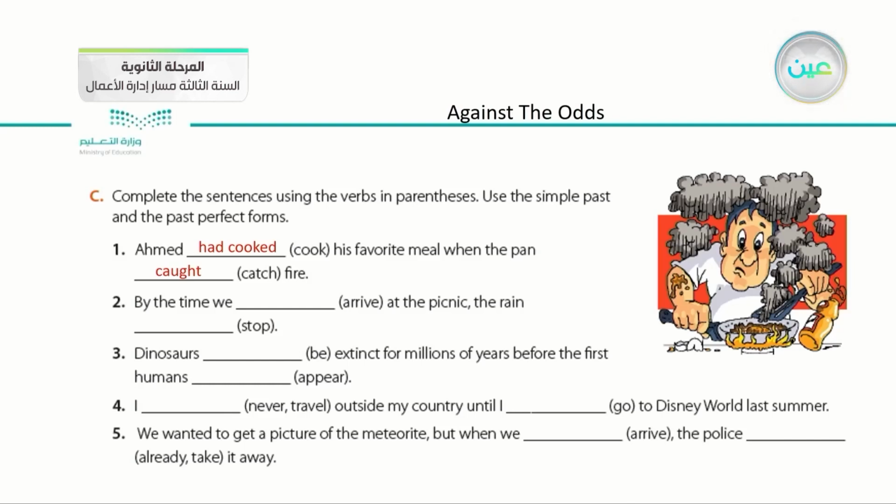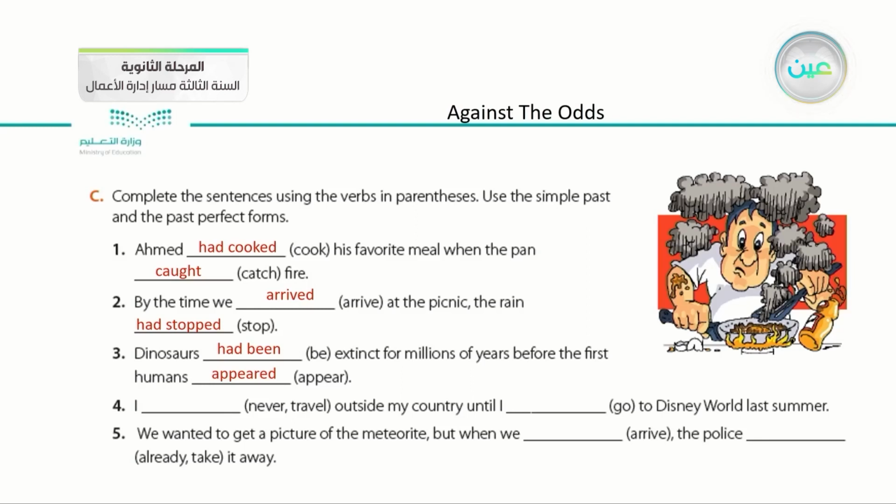So we talked about the past perfect and we said it's an action that happened before another action in the past. Number 2, by the time we arrive at the picnic, the rain stopped, and the answer is by the time we arrived at the picnic, the rain had stopped. Number 3, dinosaurs had been extinct for millions of years before the first humans appeared.